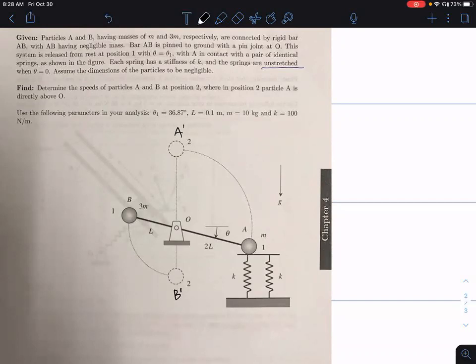Now, I want you to think about how to draw the free body diagram for this problem.